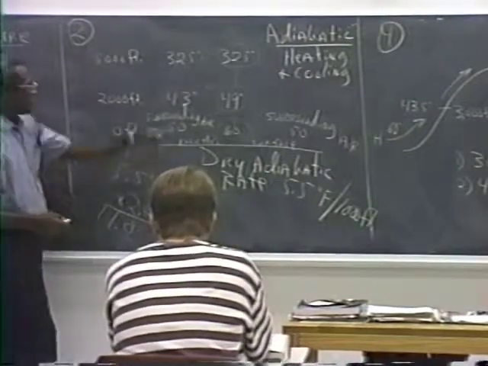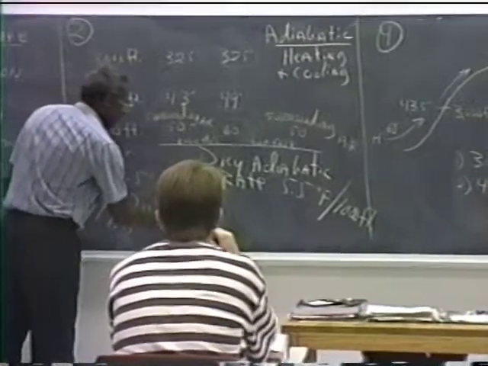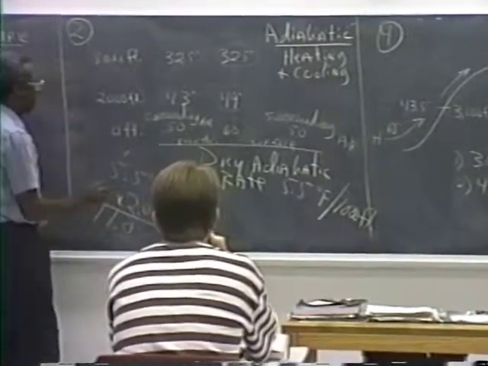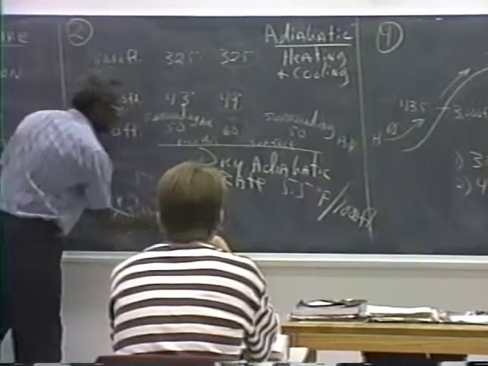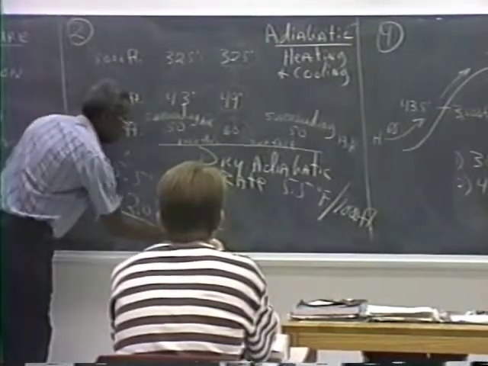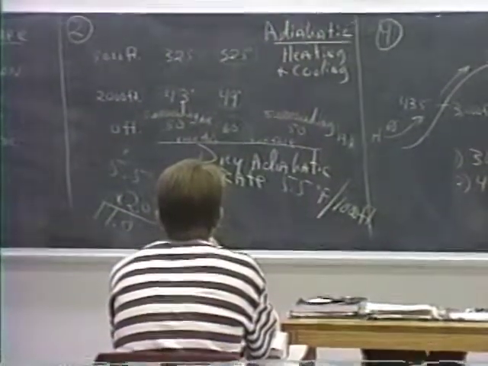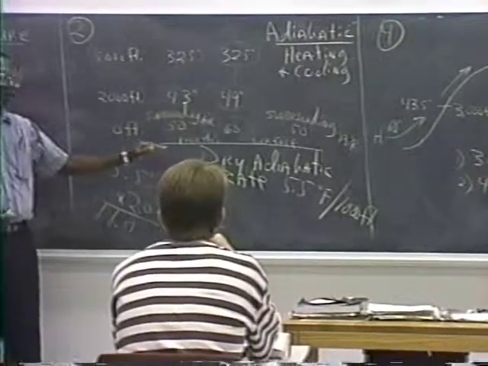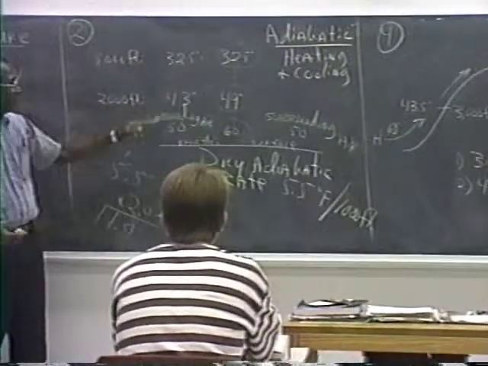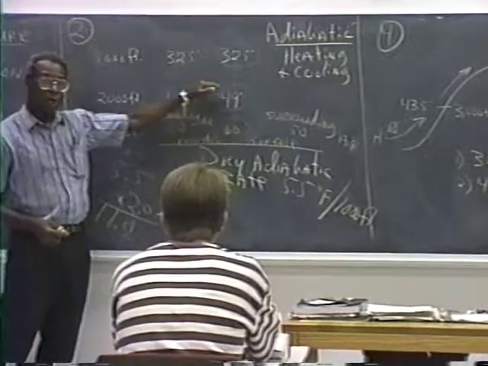And so in order to find the temperature at 2,000 feet, you simply subtract 11 from 60, okay, and you get 49 degrees. And so this is the basic procedure of determining the temperature at whatever elevation, if you have a certain temperature at the surface, in this case of the rising air.